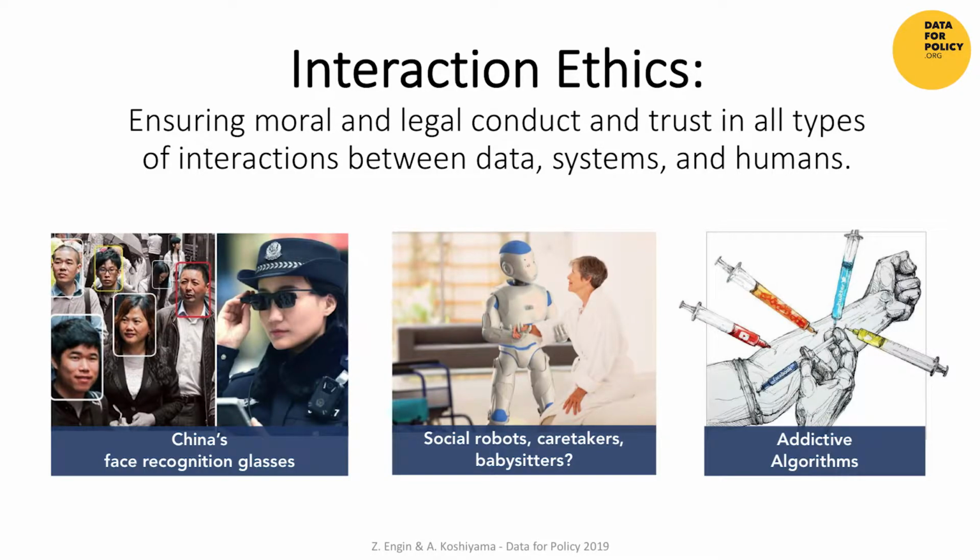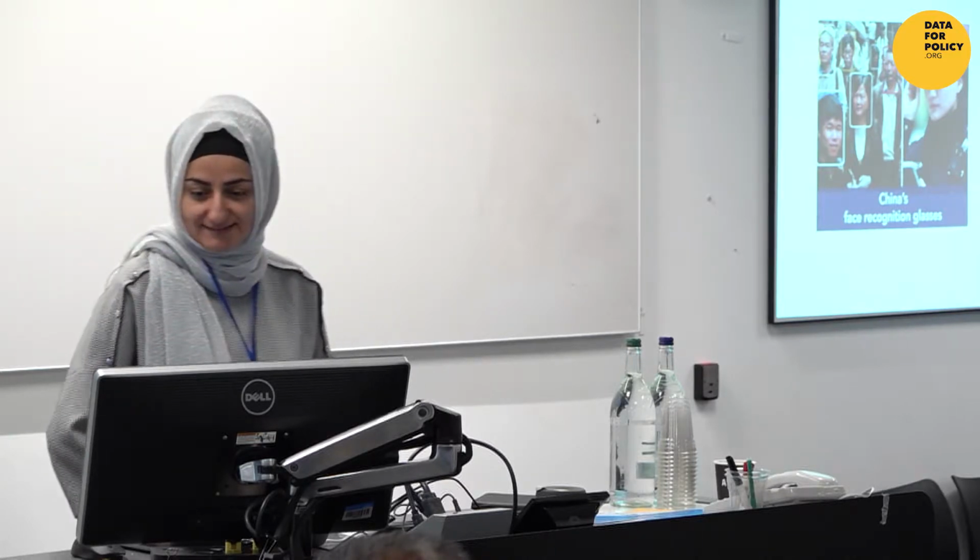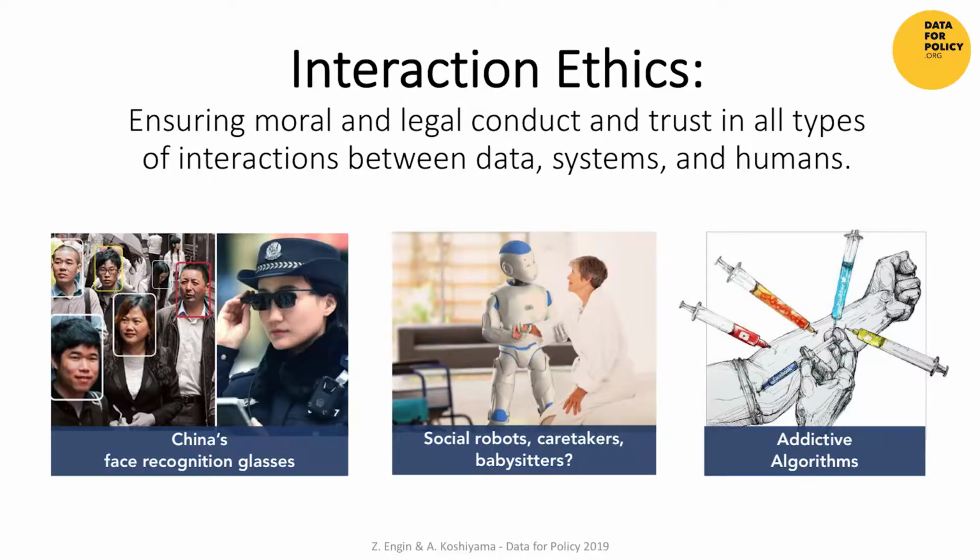In the middle, I have social robots. So robots potentially being caretakers or babysitters, or if we don't go that far, at this stage we have personal assistants, Siris and Amazons, etc. And the last example I have is this addictive algorithms problem.